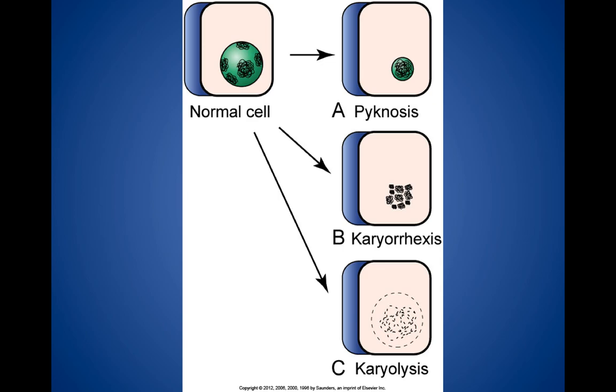As seen in this figure, damage to the nucleus typically presents in three forms: pycnosis, condensation of the chromatin; karyorrhexis, fragmentation into smaller bits; and karyolysis, complete dissolution of the chromatin and loss of nuclear structure.